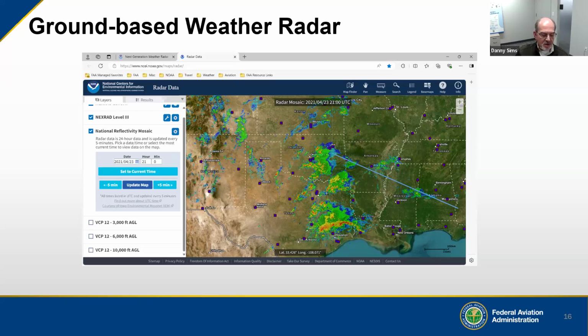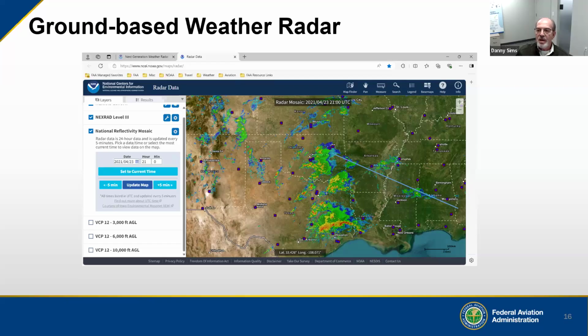Let me give you some warnings though about ground-based weather radar. It should not be used for tactical maneuvering, even if it's coming up into your cockpit, due to latency issues. What this shows you is where the weather was. It's on the order of several minutes latency, so it's not necessarily real time.